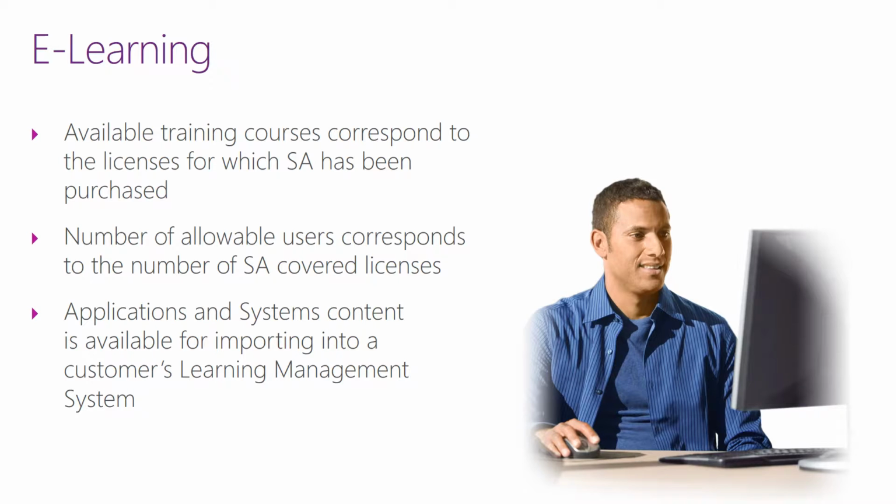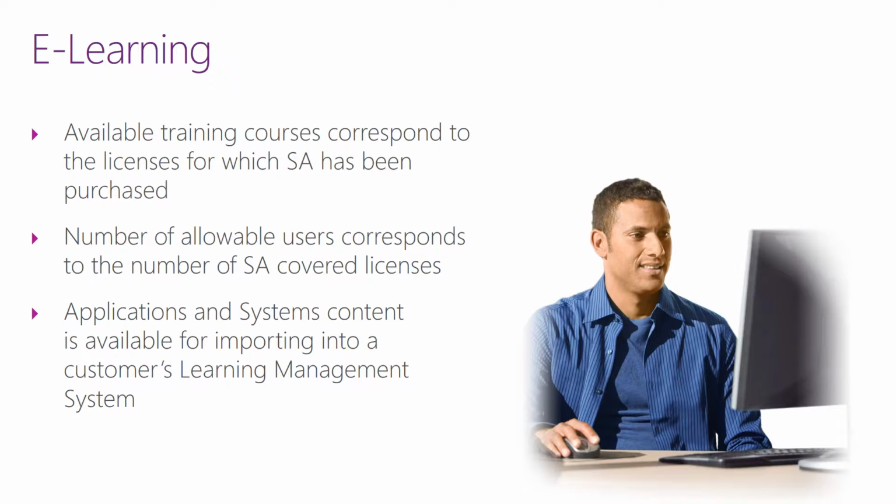E-learning is another popular benefit, and in the same way that training vouchers are for technical training, e-learning is for technical training, but also for end-user training. So what happens is, training courses are made available through the e-learning portal that correspond to the licenses for which SA has been purchased, and the number of allowable users corresponds to the number of software assurance covered licenses.